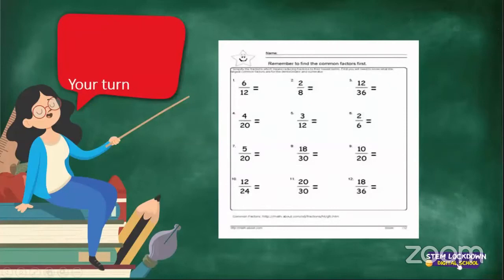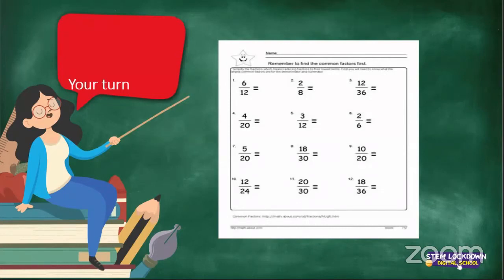Now we have 12 over 36. We'll look at the factors of 12 and 36. We can use 2, 3, 6, and 12. Let's start with 6. 6 goes into 12 2 times, so we write 2.